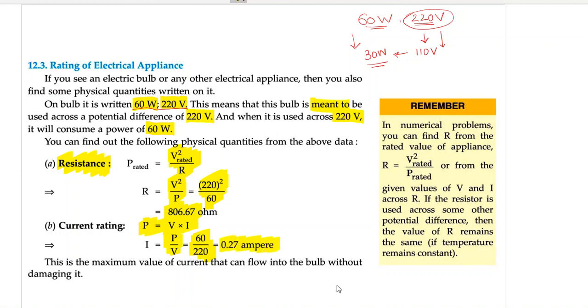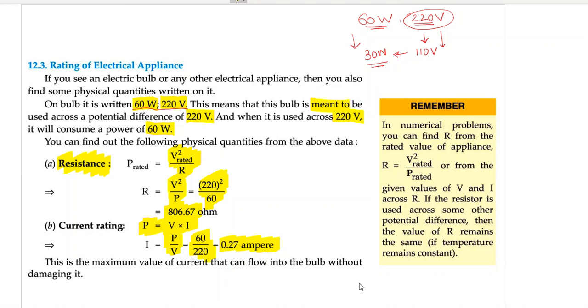So, when the bulb which is of rating 60 watt is connected to a supply of 220 volt, it will show a resistance of 806.67 ohms, and it will allow a current of 0.27 ampere to flow through it.